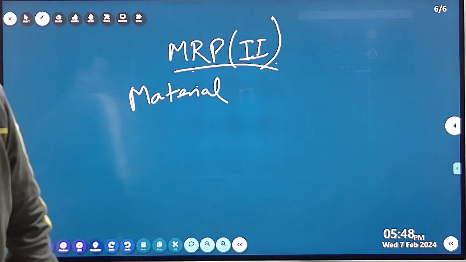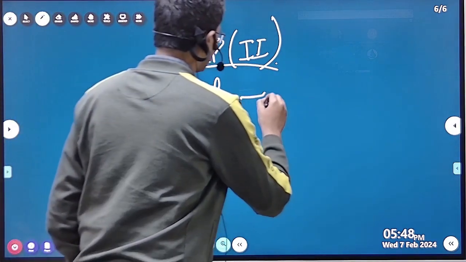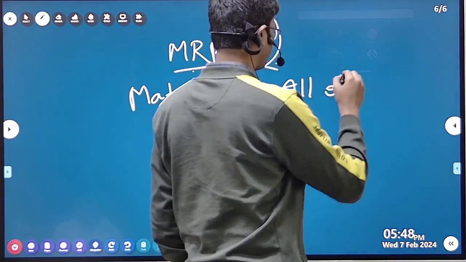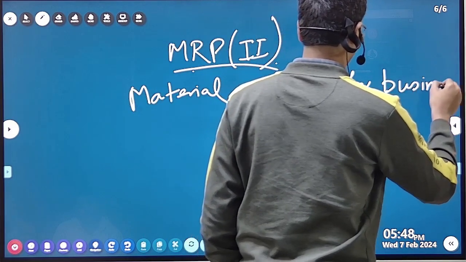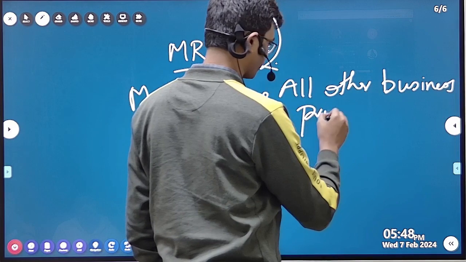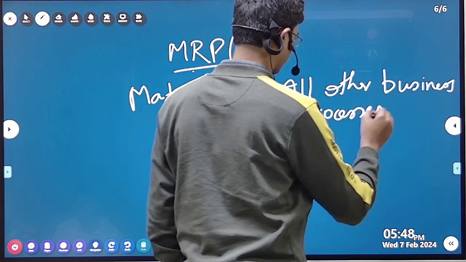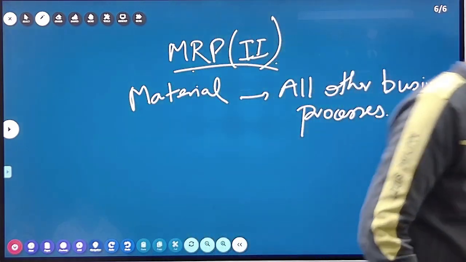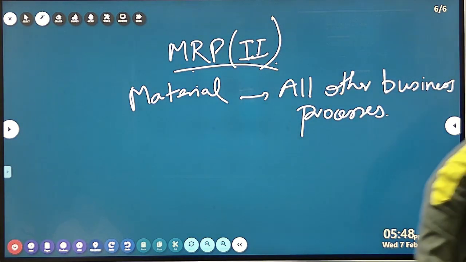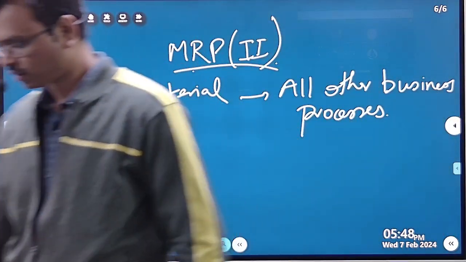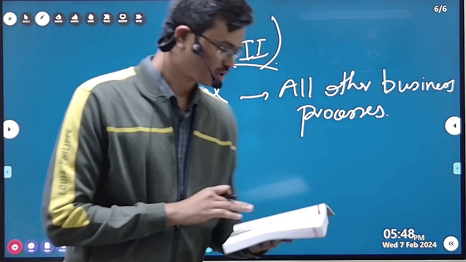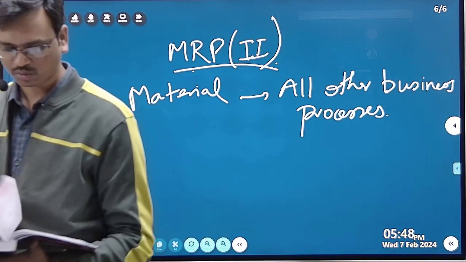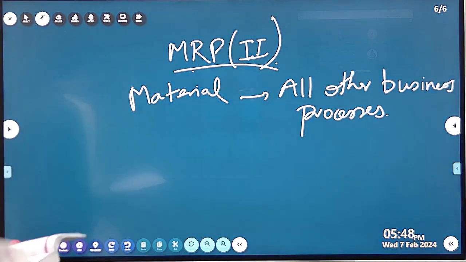It is just an extension of your material to all the other business processes. Okay. Fine. So that is all about MRP 1 and 2. One is material and the other is manufacturing.